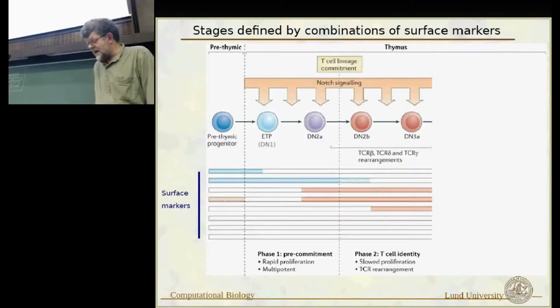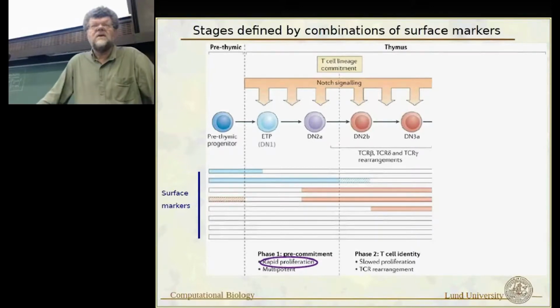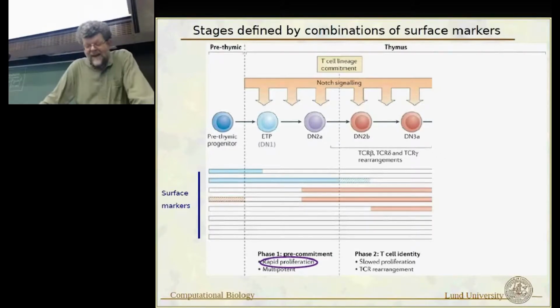I have two questions today on different levels. One is the rapid proliferation that appears between things coming in from here until you reach DN2. There's enormous proliferation. It's between 1,000 and 10,000 of the 50 that went in. And you kind of wonder, how does that happen?